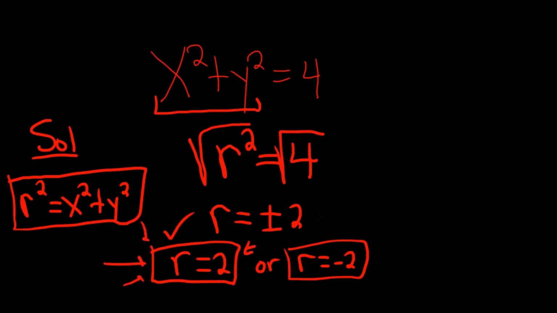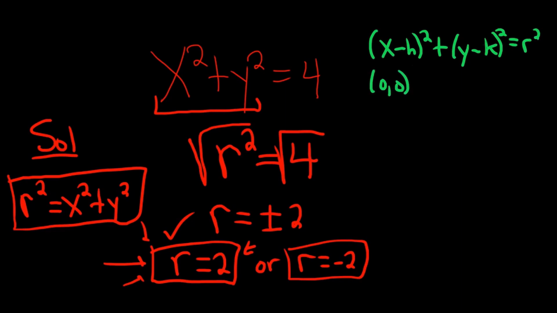Now we have to graph this equation. Recall that the equation of a circle is given by x minus h squared plus y minus k squared equals r squared. h and k are the center, so here the center would be 0, 0. And r squared is 4, so r is just 2. So basically we have a circle centered at the origin of radius 2.